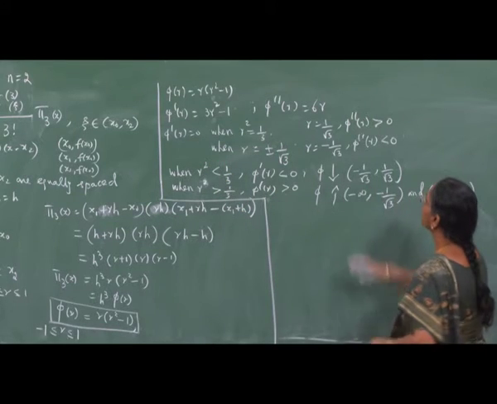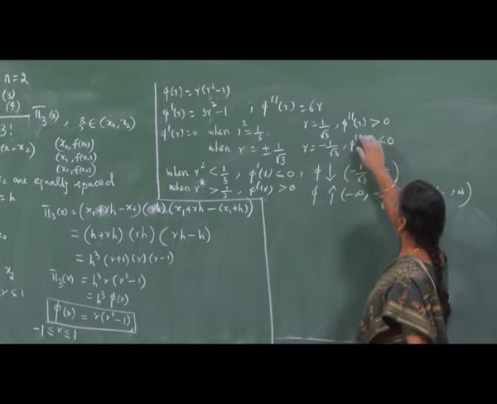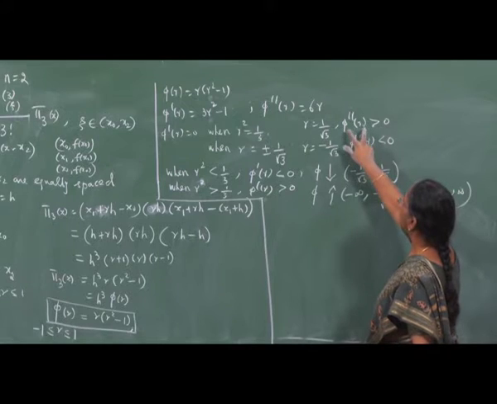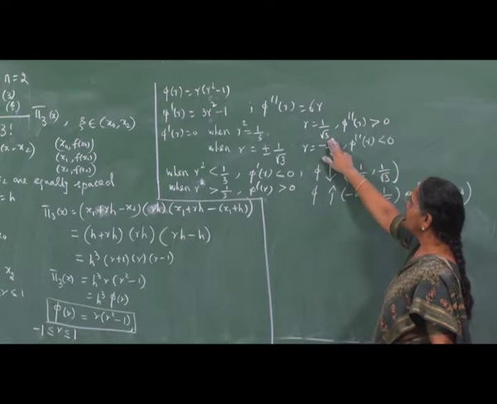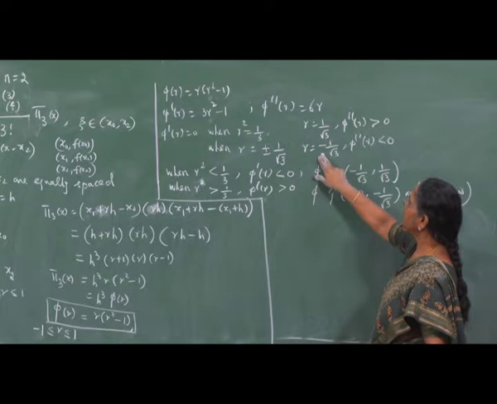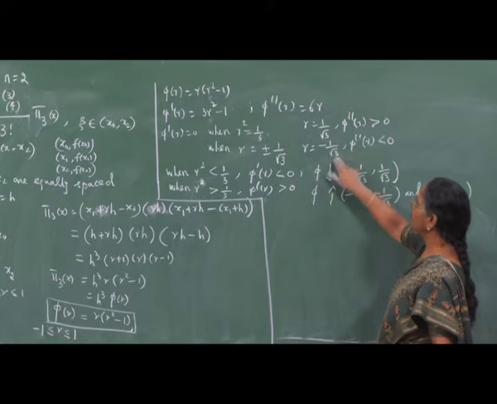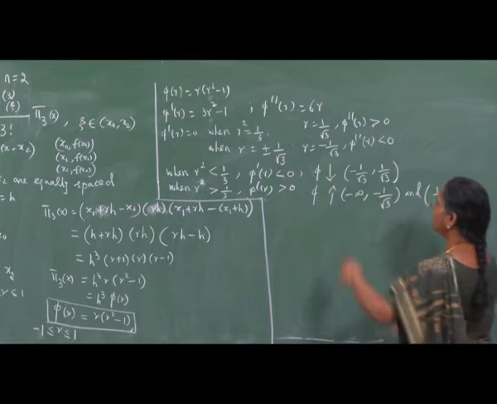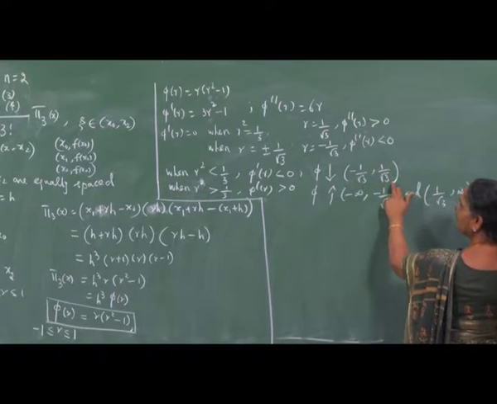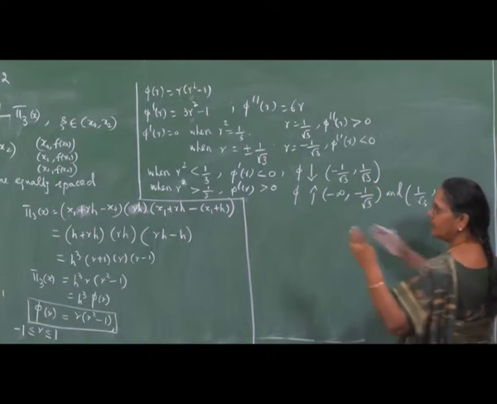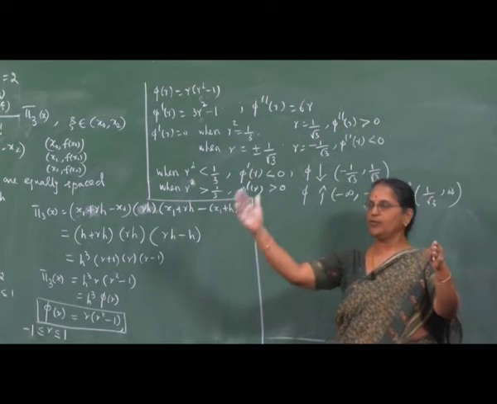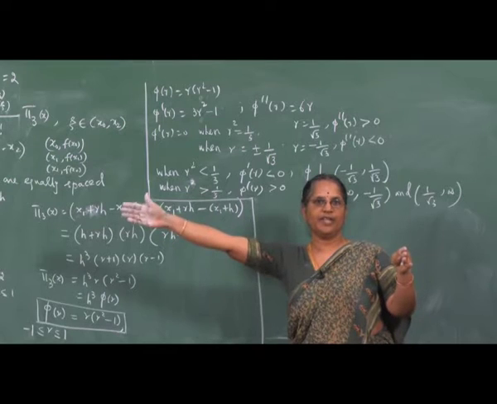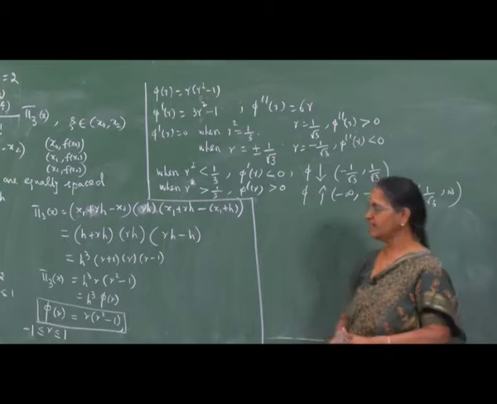Therefore, phi attains a minimum at r equal to 1 by root 3 and attains a maximum at r equal to minus 1 by root 3, and it decreases between minus 1 by root 3 to plus 1 by root 3, and on minus infinity to minus 1 by root 3 and 1 by root 3 to infinity, it increases.